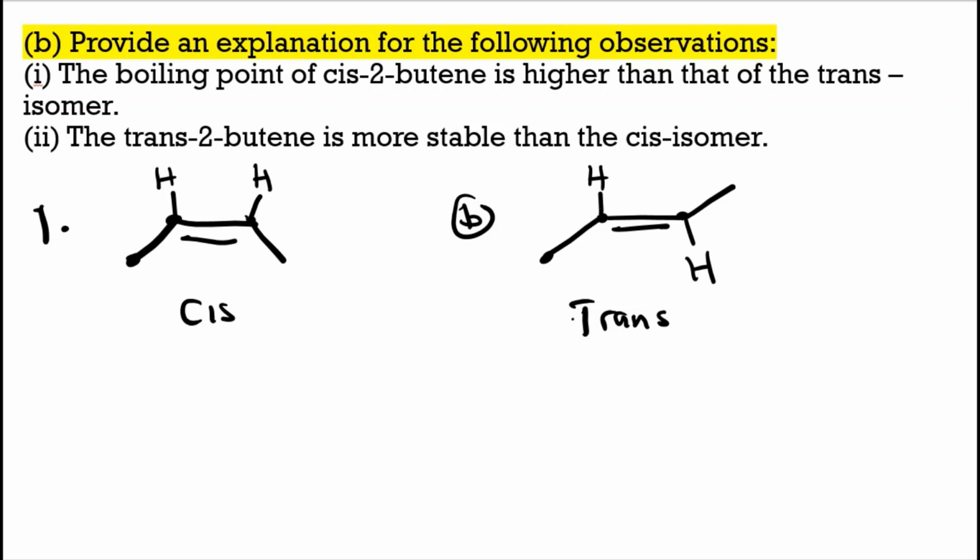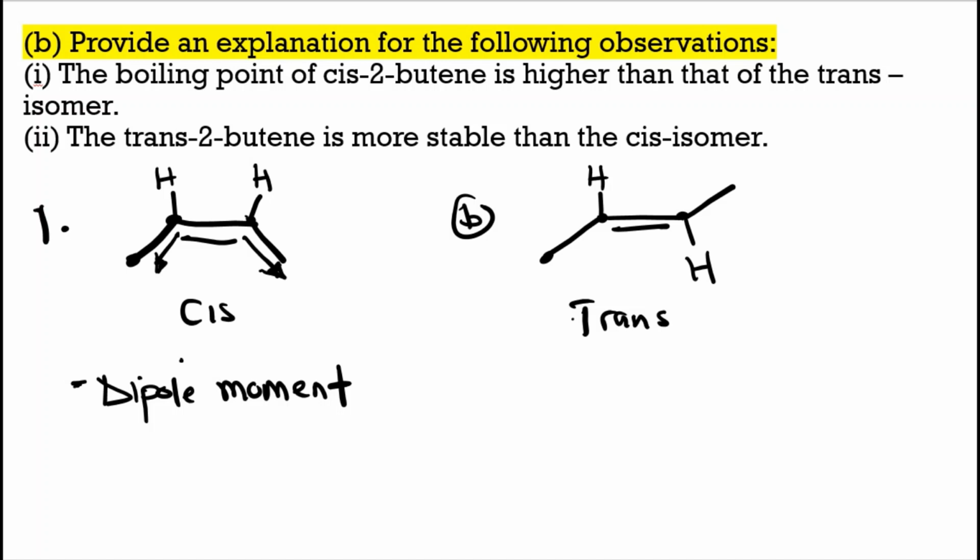So the reason why the boiling point of cis-2-butene is higher than that of trans-2-butene is because of a phenomenon that we call dipole moment. Dipole moment simply means that the electrons for cis-2-butene will be going in this direction and in this direction.